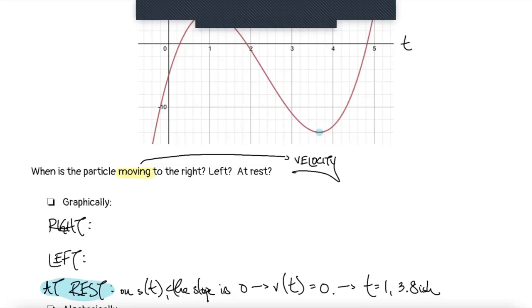Whereas the new question is, when is the particle moving to the right? It's a very subtle point, but the direction of travel is tied to the velocity. It doesn't matter where it is. If you are going in one direction, that will have one sort of slope, but if you move in the other direction, you'll have another slope.